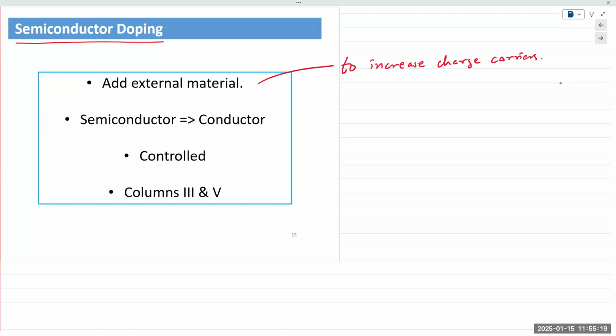The amount that goes in is referred to as the dosage, and this dosage is given in atoms per centimeter cube.